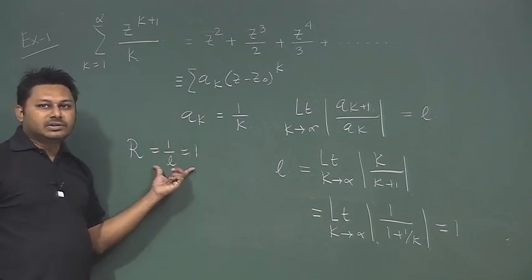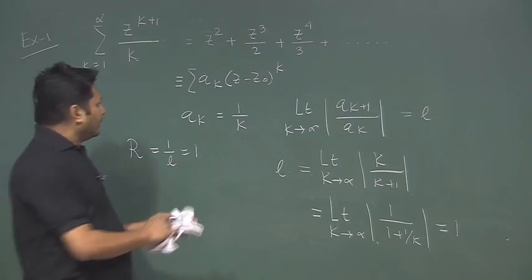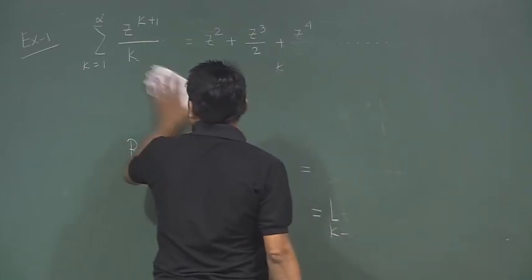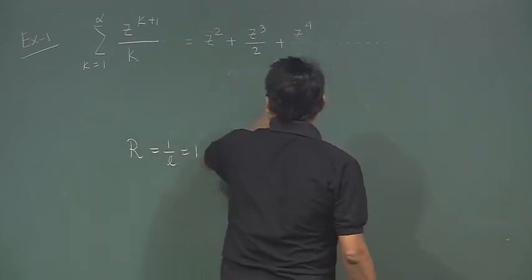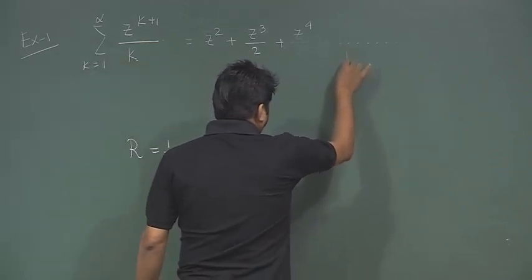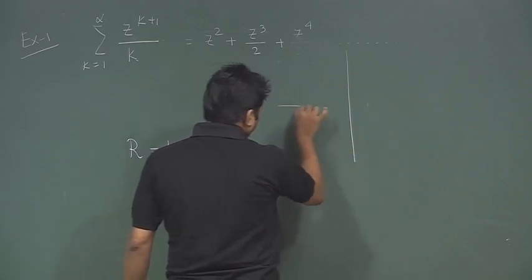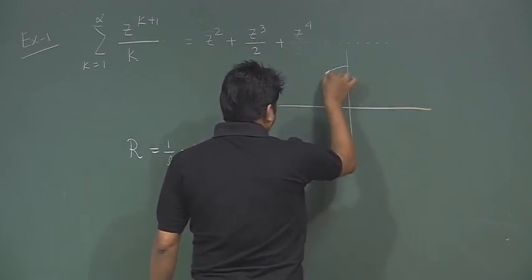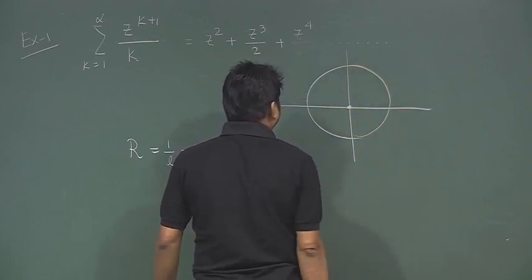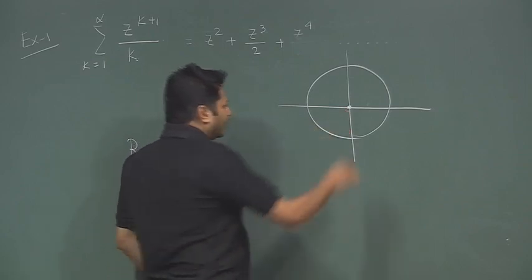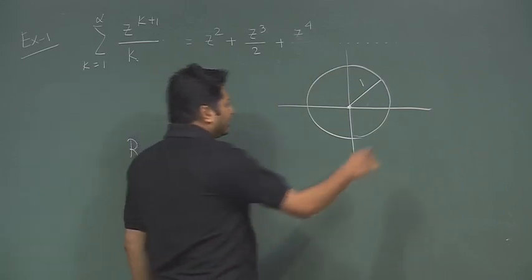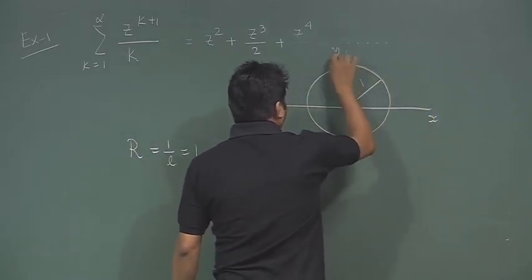So, the radius of convergence is 1. What is the meaning of that? I can expand this function in this way for all the z's. z0 point is 0. So, this is 0 and this is 1 unit radius, and this is my z plane, x and y.